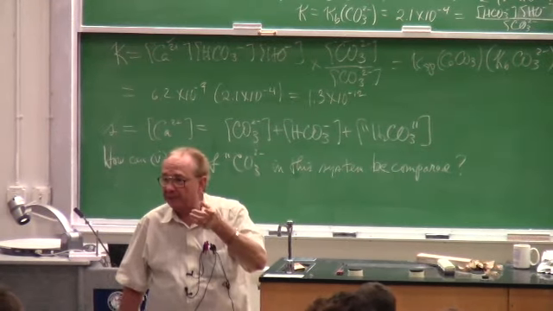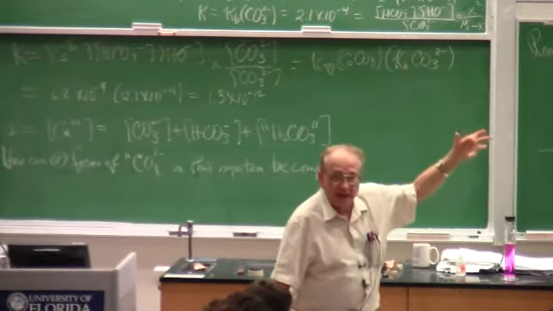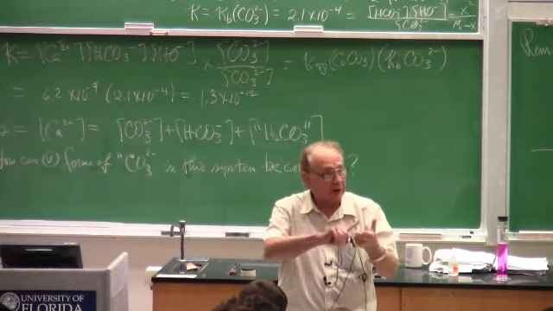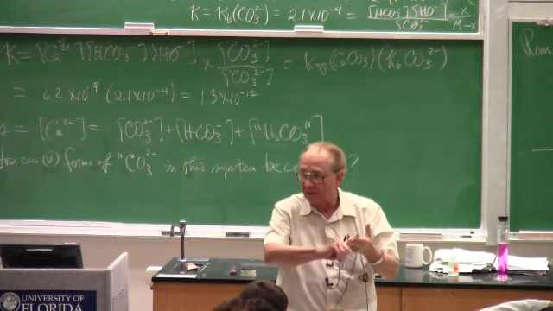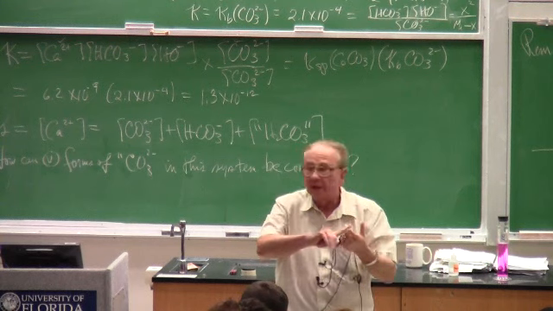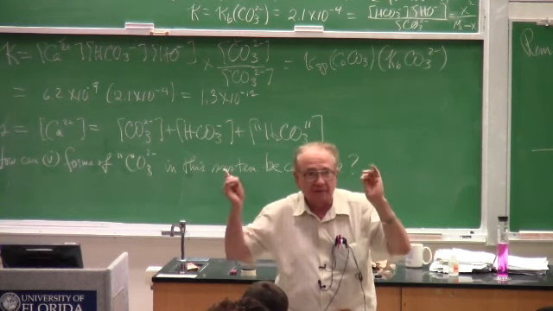And Kb for bicarbonate shows bicarbonate plus water makes hydroxide ion and quote unquote H2CO3. So I can use Kb for bicarbonate or Ka for H2CO3, just like I can use Ka for bicarbonate or Kb for carbonate to compare the equilibrium molarities of carbonate to bicarbonate.